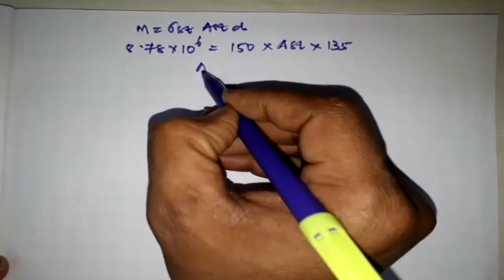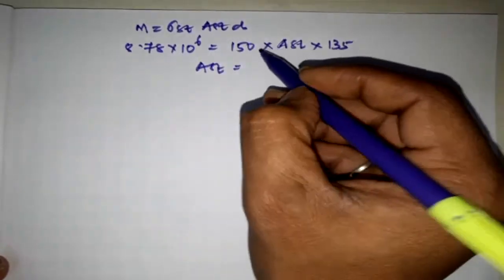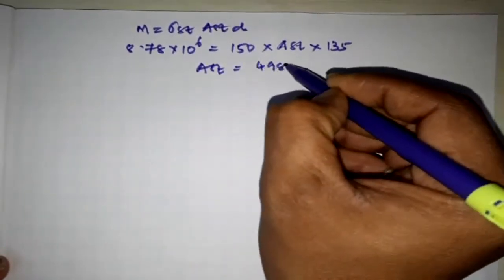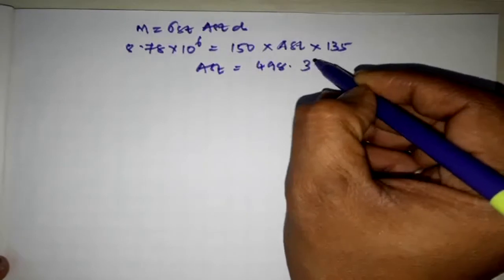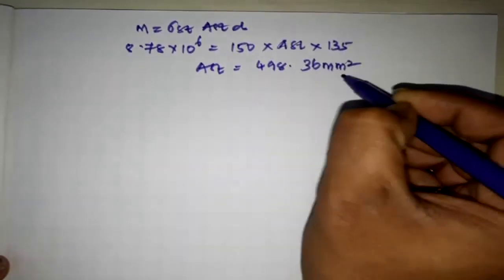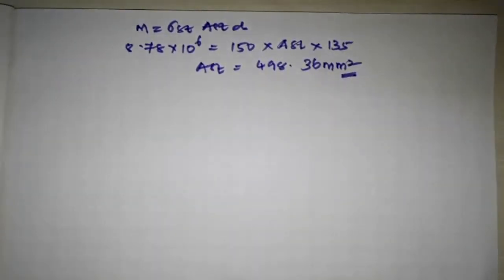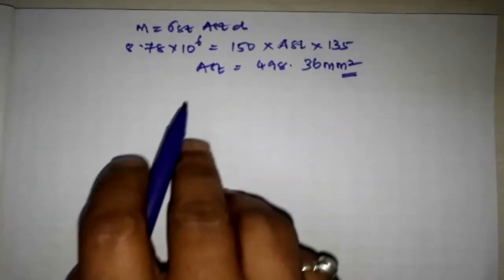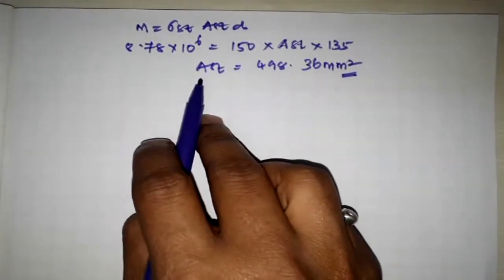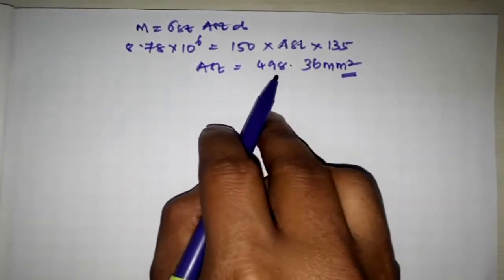So we get AST is equal to 498.36 mm square. So we got the area of steel to resist the cantilever action, 498.36.